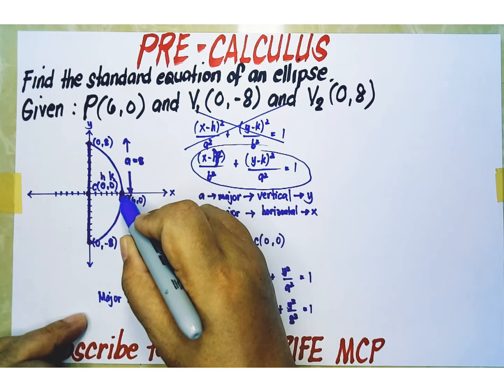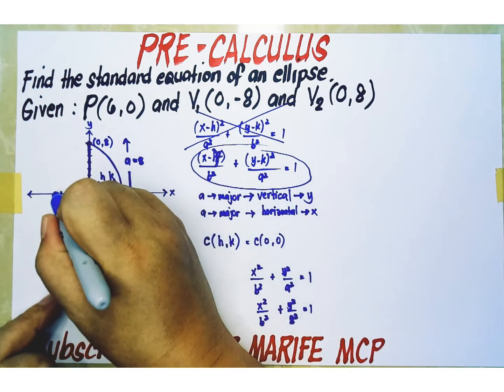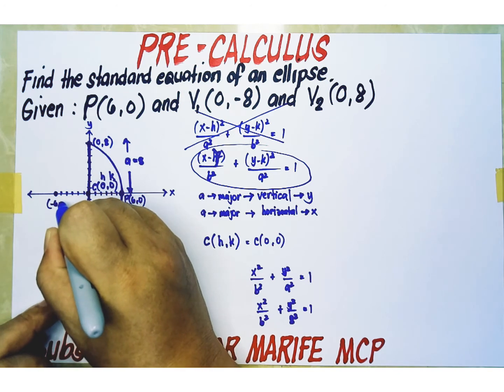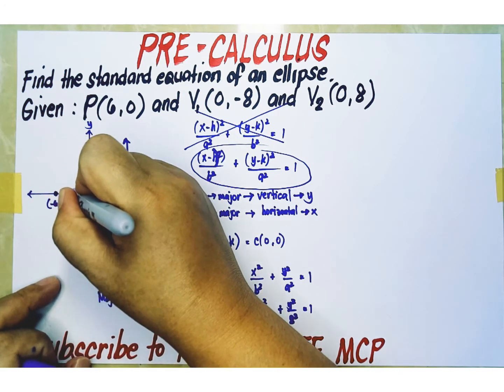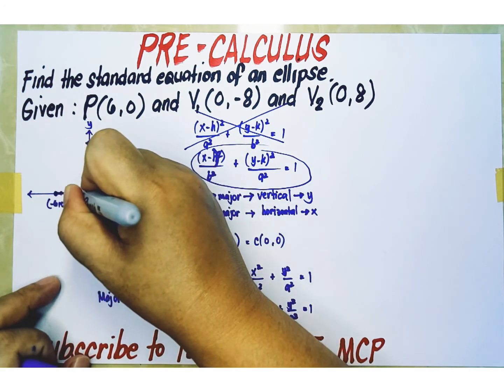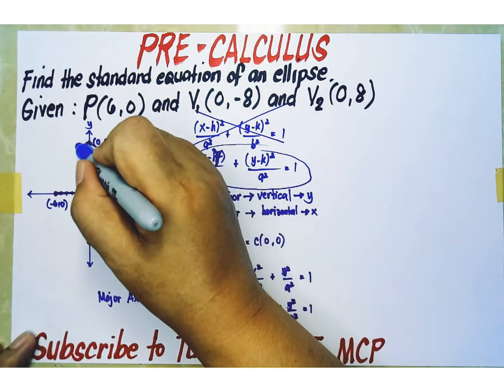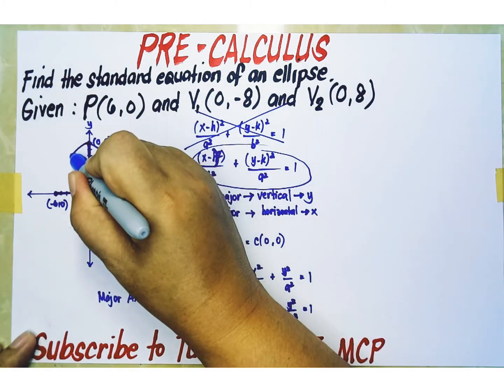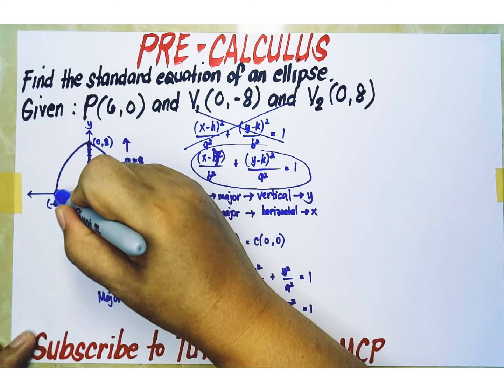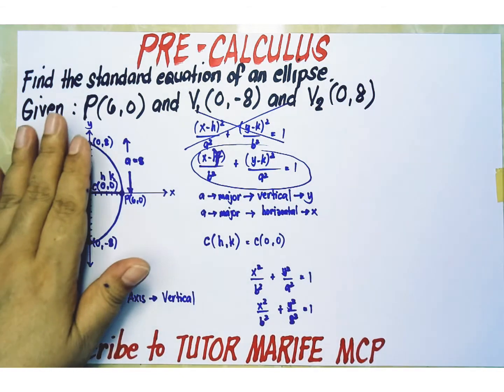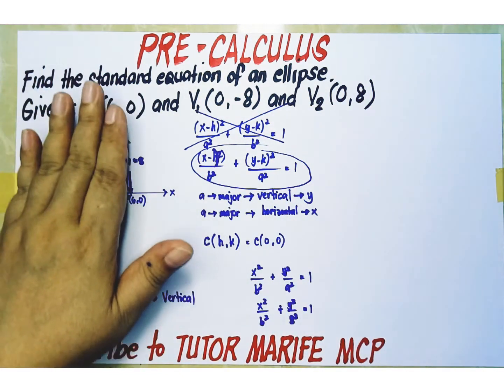We can guess the other co-vertex of the ellipse is at (-6, 0). So this line segment is the minor axis of the ellipse. Our ellipse looks like this.